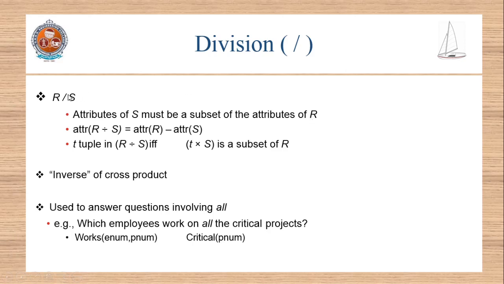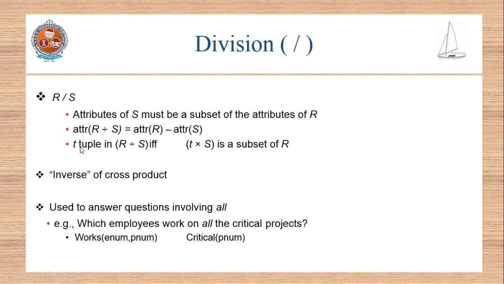The attributes of the right side relation must be a subset of the attributes of the left side relation. Here division is nothing but we are going to divide the attributes. It's nothing but we are going to perform the difference operation on attributes, R minus S.